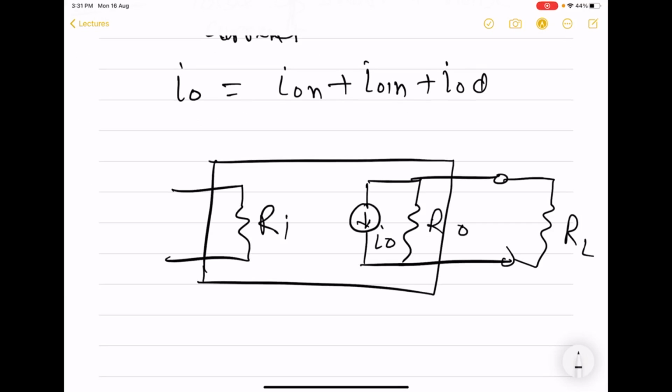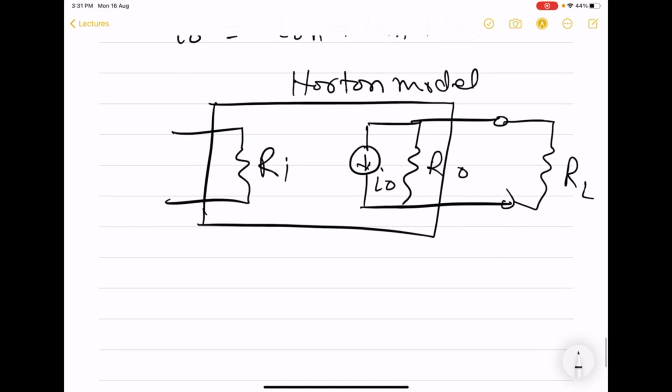Sorry, Norton model. Here we had already seen that output power is going to be proportional to the mean square of the output current, right?